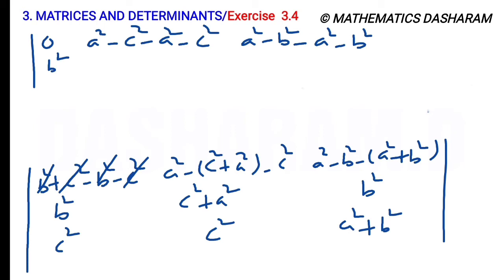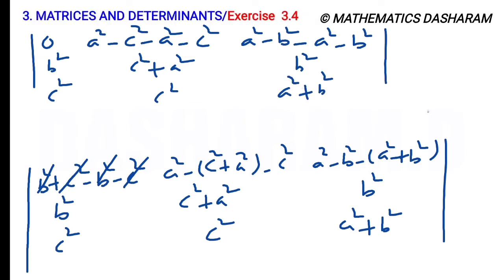So here the second row: B square, and here C square plus A square, and here B square, so C square, here also C square, so A square plus B square. So now plus A square minus A square cancel, here also plus A square minus A square cancel.